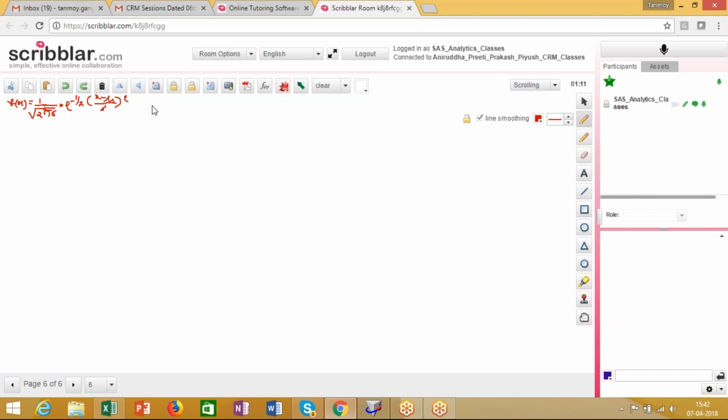Here mu takes up all values between minus infinity and plus infinity. The next part is x belongs to minus infinity to plus infinity, and sigma is greater than 0.